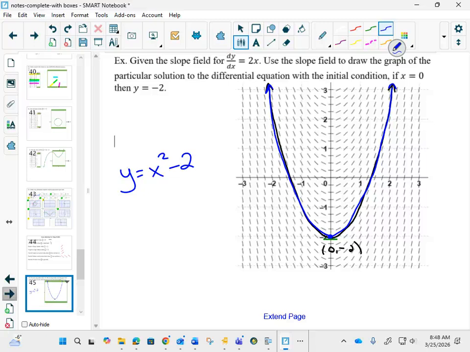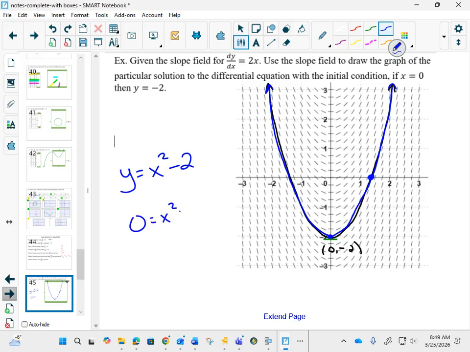Look at our graph, just some things to check accuracy. I went through that point. What does that look like? Not quite 1.5, right? What should it be?